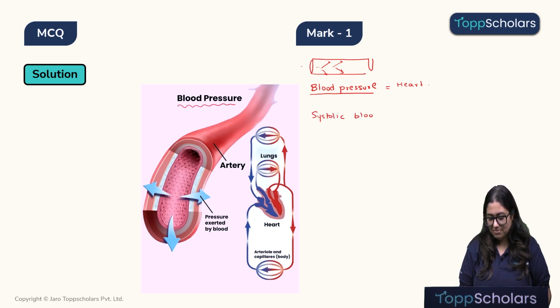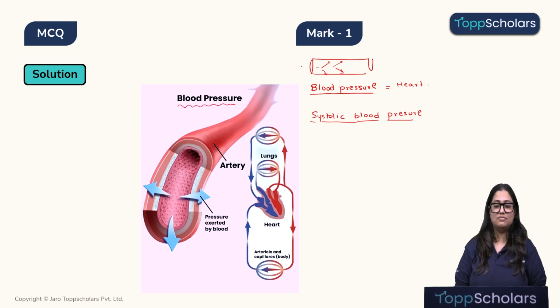So what is systolic blood pressure? The systolic blood pressure is the pressure at which the blood is being pumped into the blood vessel by the heart. It is of the higher number, that is 120 mmHg. Getting it, children?